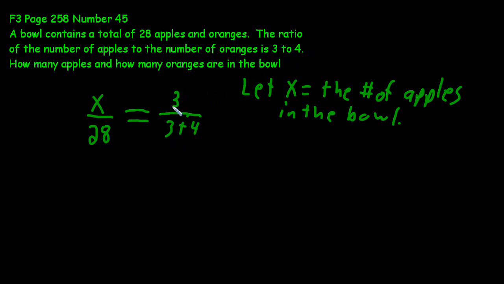So 3 out of 7 pieces of fruit are apples, and we want to find out how many apples out of a total of 28. I know that can be a little confusing, but you want to put the 7 here instead of just putting a 4 there, and the reason for that is because up here we're given there's 28 apples and oranges.